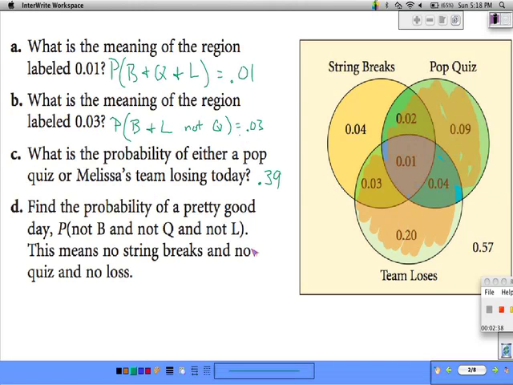The probability of not B, not Q, and not L, meaning the probability that the string doesn't break, there's no pop quiz, and there isn't a loss, would be this probability that is not in any of the circles. So this is equal to 0.57.